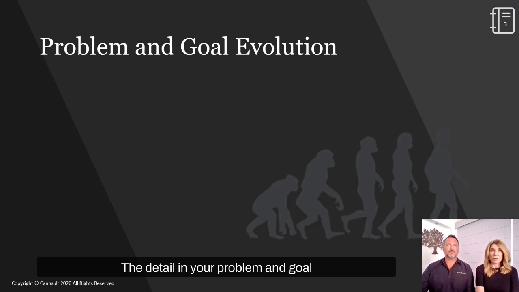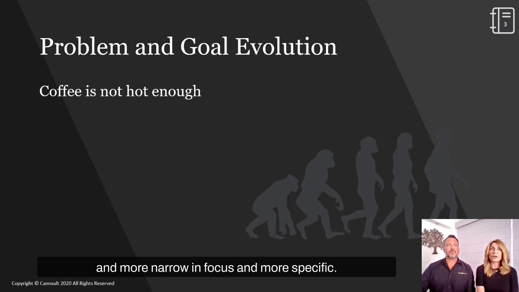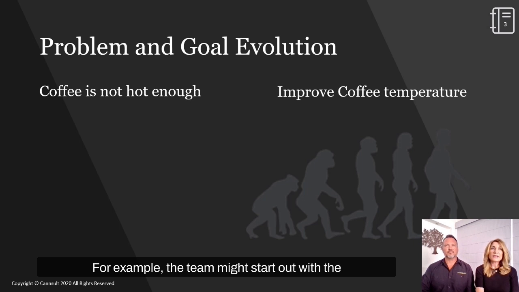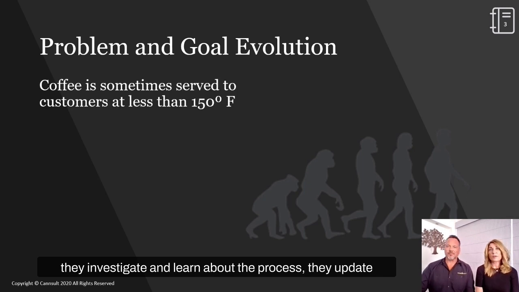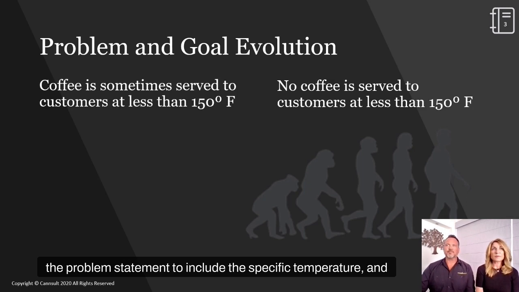The detail in your problem and goal statements will evolve throughout your project. They typically start off general and get more and more narrow in focus and more specific. For example, the team might start out with the problem that coffee is not hot enough. And as they investigate and learn about the process, they update the problem statement to include the specific temperature.